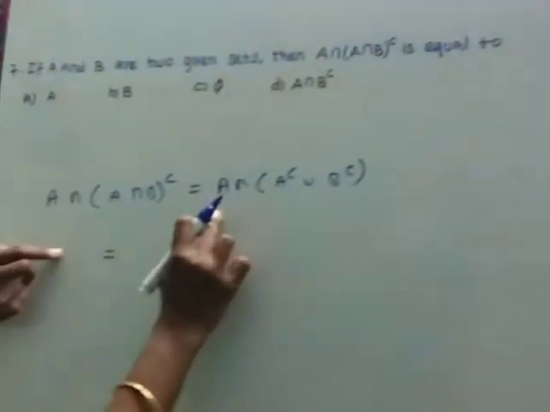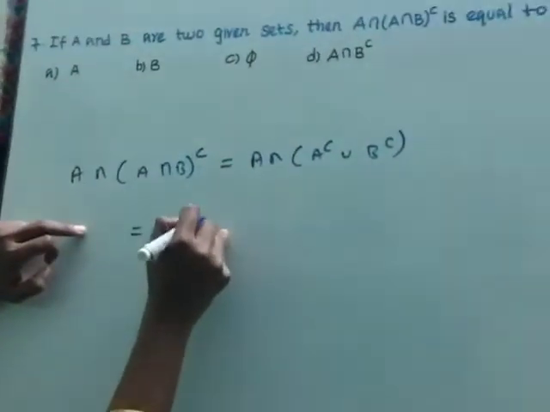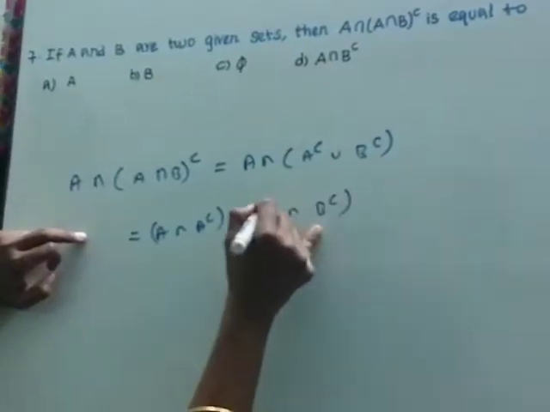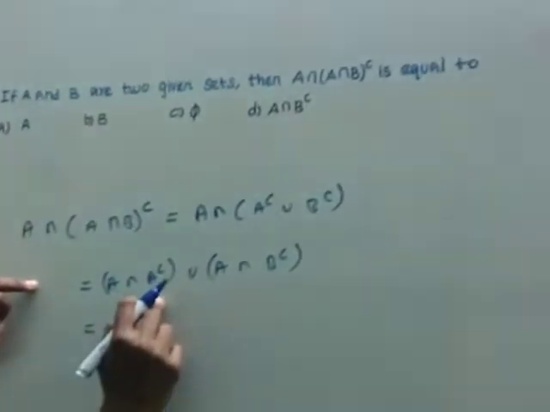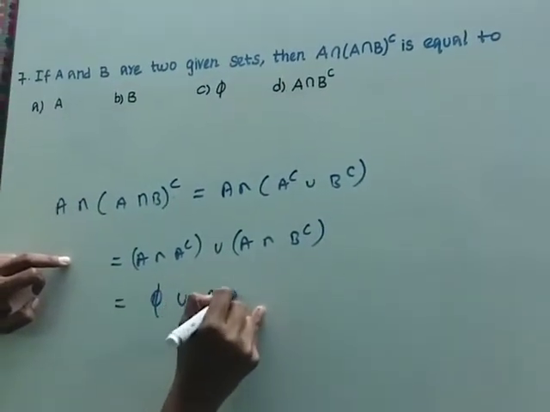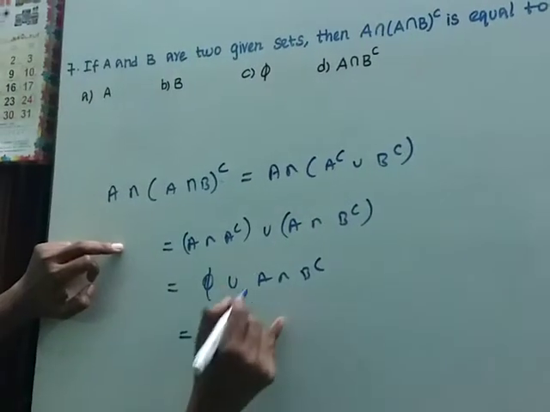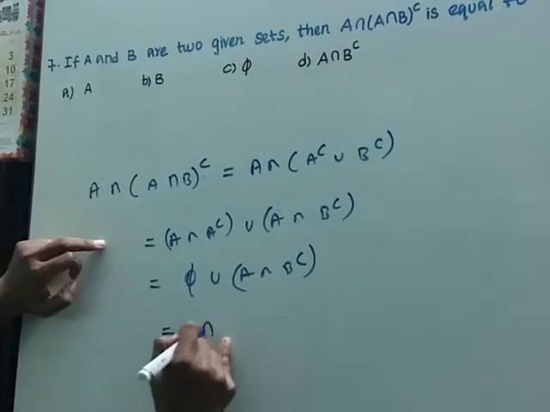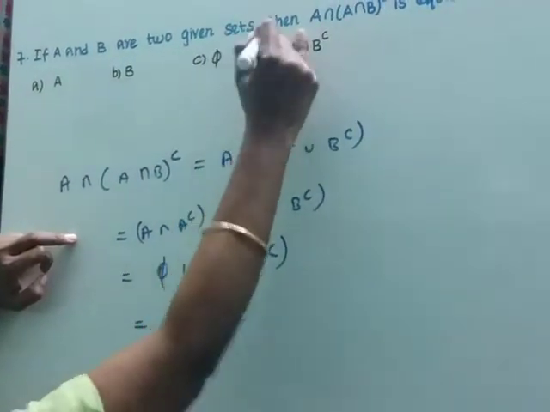Now we apply the distributive law: (A intersection A') union (A intersection B'). Here A intersection A' is the null set, union A intersection B'. So the final answer is A intersection B'. This is our answer.